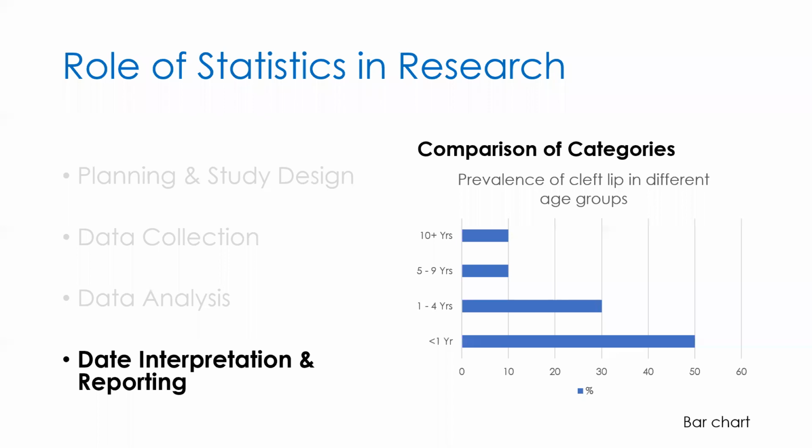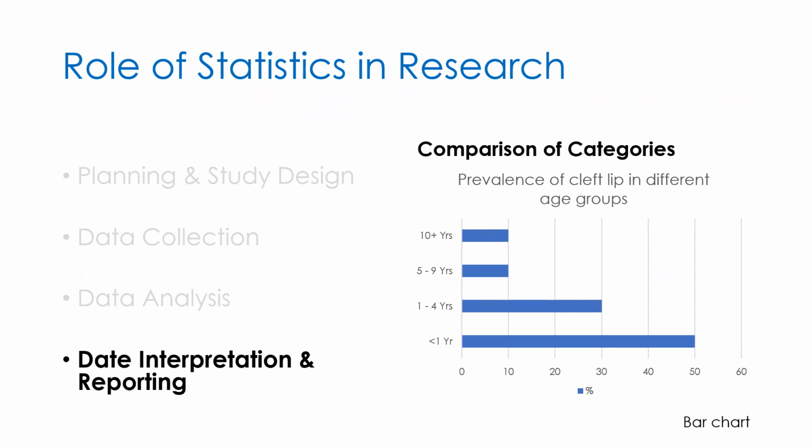If you are trying to compare categories, then you need to use a bar chart. Remember, if you have categories, an example you have here is prevalence of cleft lip in different age groups. So you have the different age groups and the prevalence. The age groups are categories, aren't they? They are not completely continuous as such.